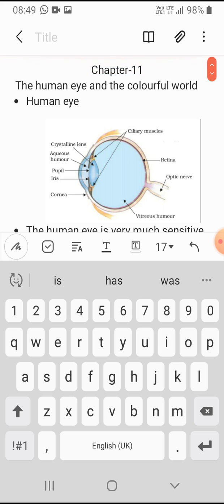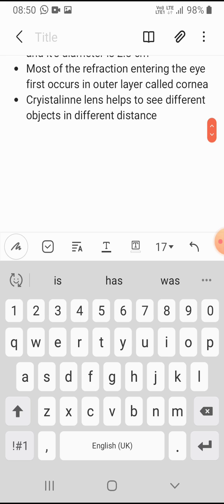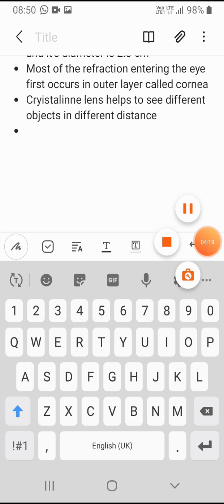That crystalline lens helps to see objects at different distances, and it puts the image on the retina.